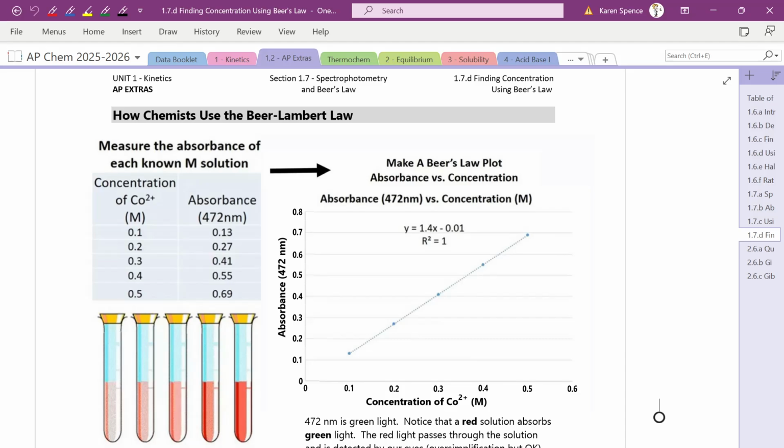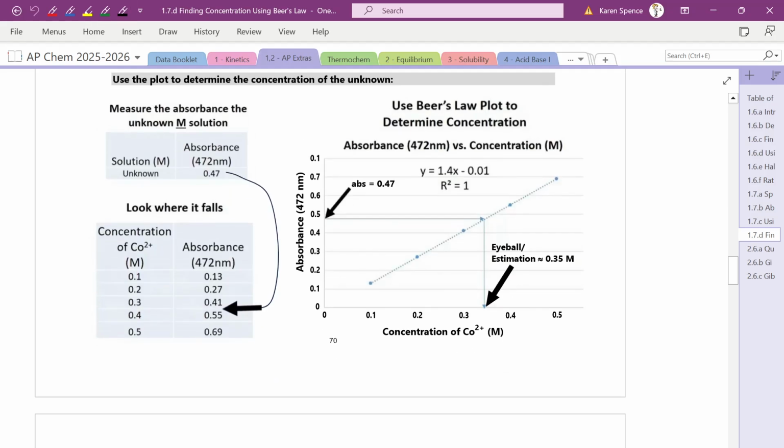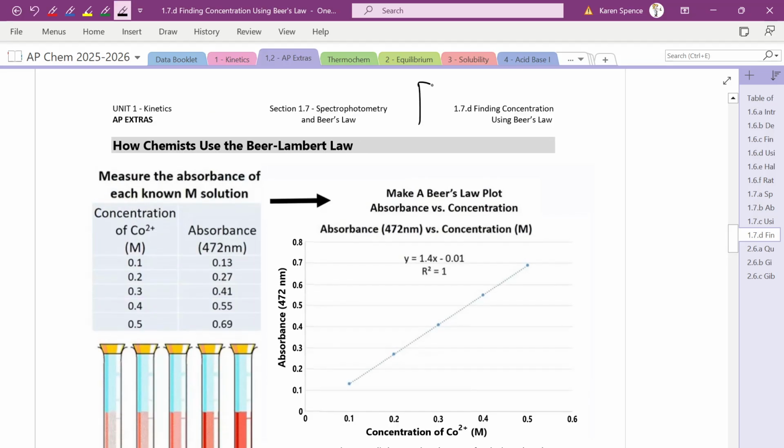How chemists use Beer-Lambert law. So basically, after part 1, do you guys remember what part 1 is? This is page 70. Do you remember what part 1 of any spectrophotometry experiment is?